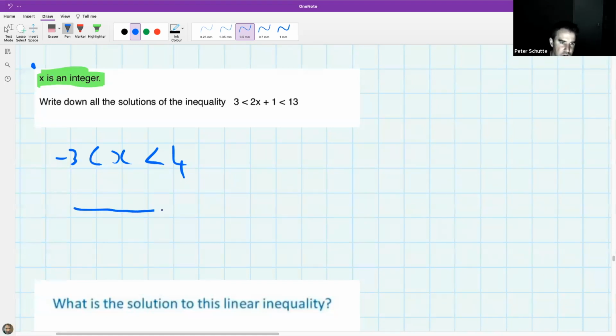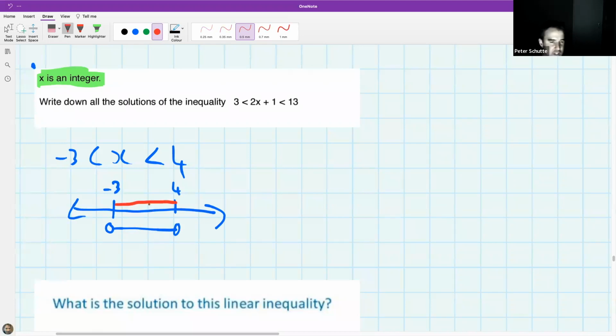And if you drew it on a number line, it would just look like this. That's if it wasn't an integer. So it's all the numbers that come between -3 and 4, like -1.5 and whatever. But in this question, sometimes they say it's only the integers, and then you can only get -2, -1, 0, 1, 2, and 3.